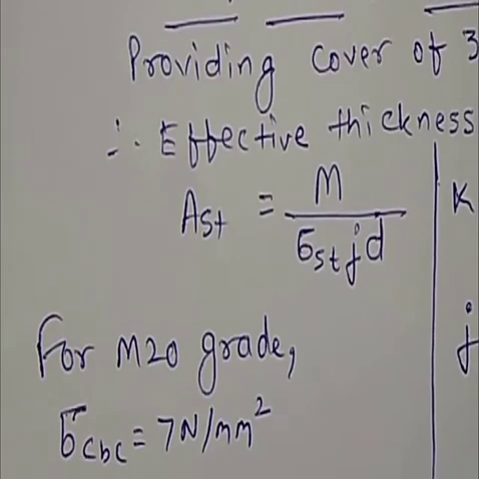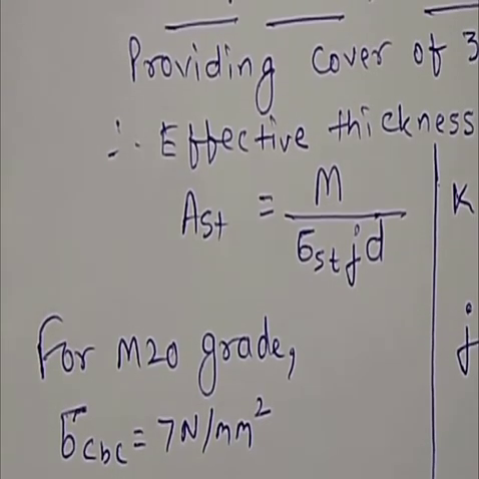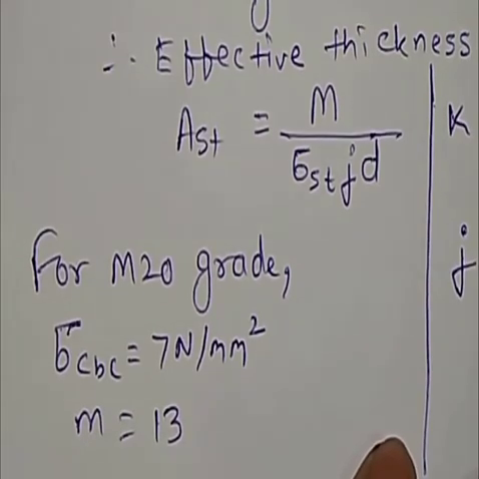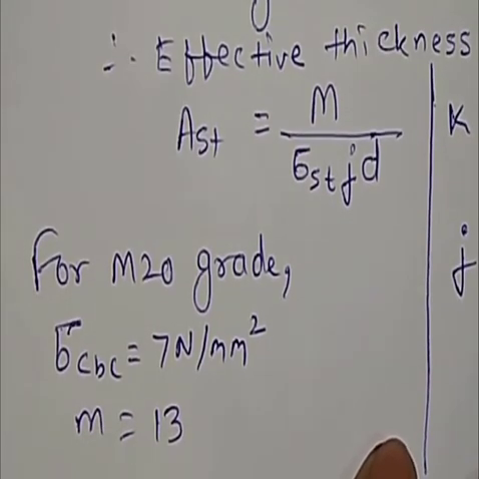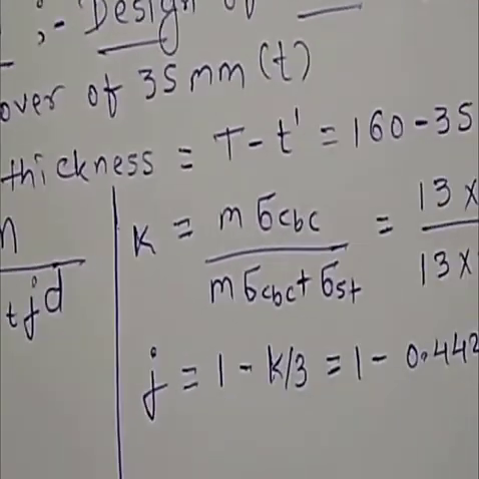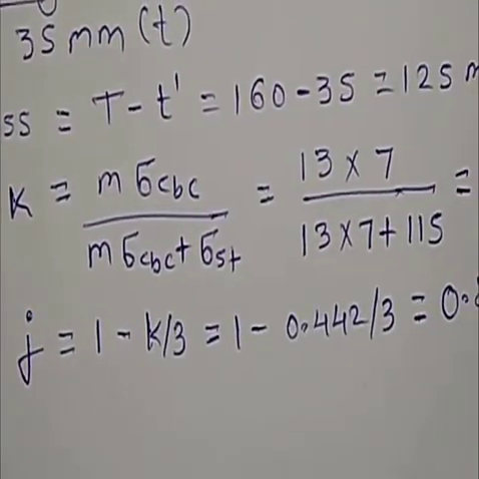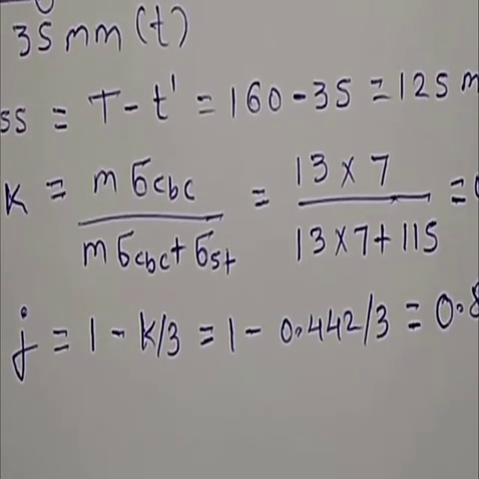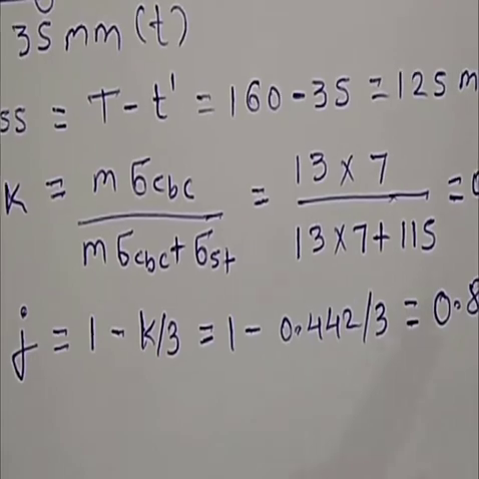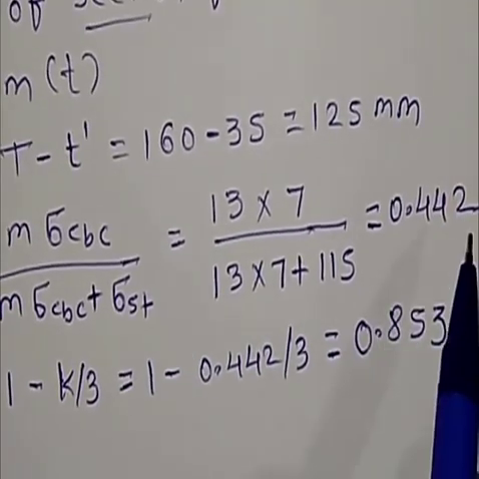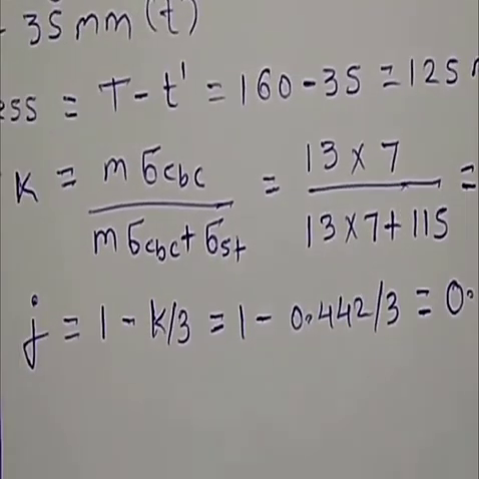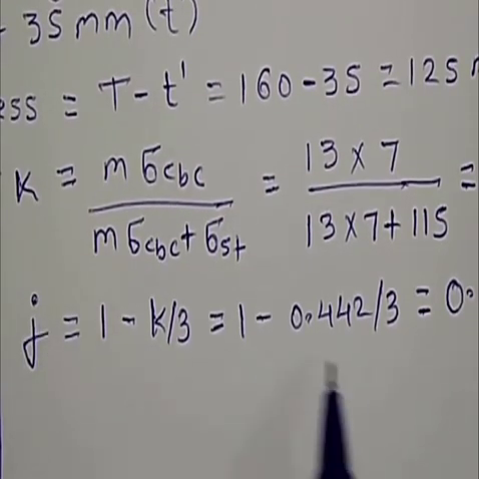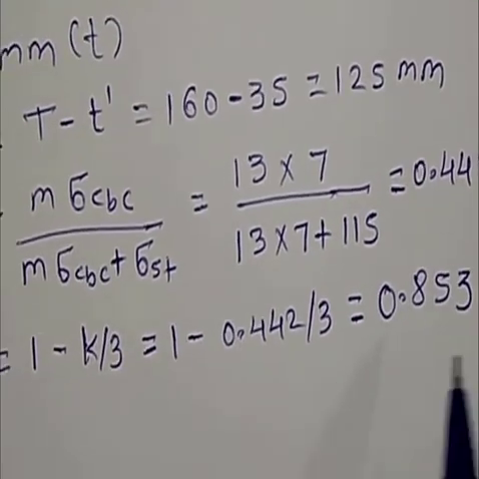So if we just see it again, the formula for AST is M divided by sigma ST J D, and for M20 grade of the concrete you have sigma CBC 7 Newton per mm square and modular ratio M 13. K equals M sigma CBC divided by M sigma CBC plus sigma ST, which gives 0.442, while J, the lever arm factor, is 1 minus K by 3, which gives 0.853.